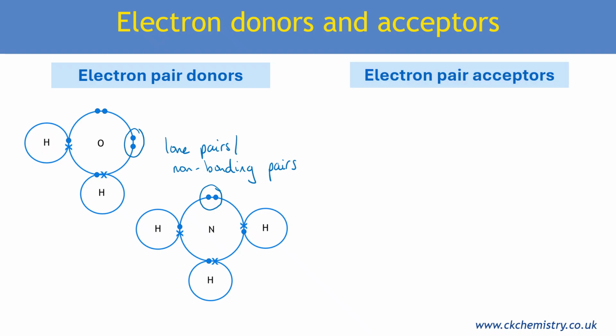And then we need something that has a space. We need something that has space to accept a pair of electrons, not just one. So not like a chlorine atom that just has space for one, but enough space to take two electrons from the electron pair donor. A typical one is a hydrogen ion, and a hydrogen ion doesn't have any electrons at all.